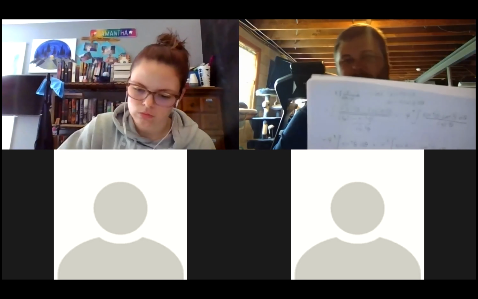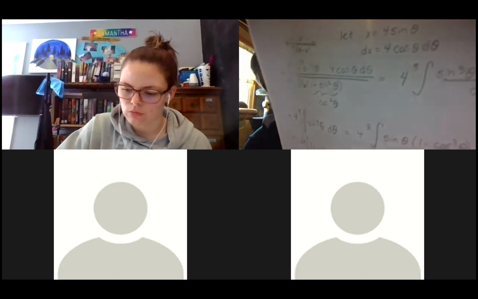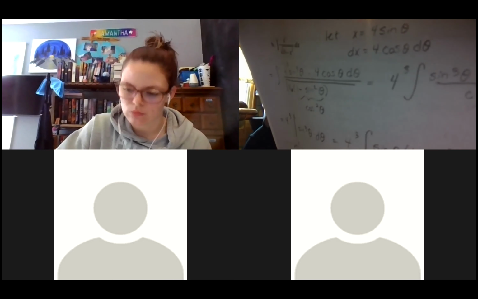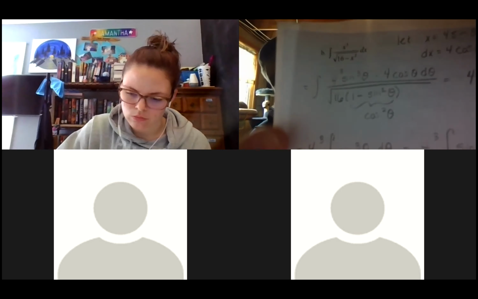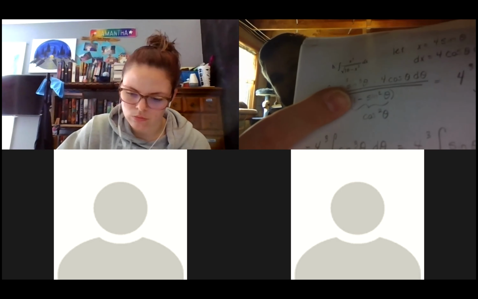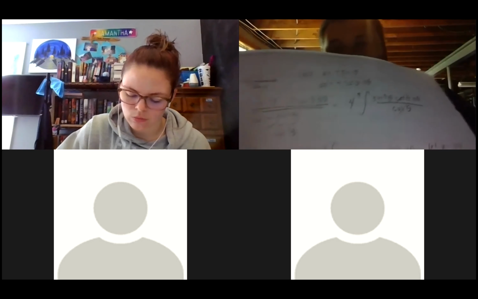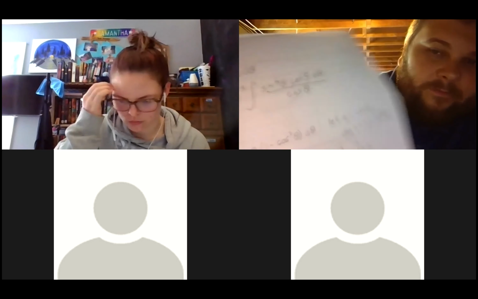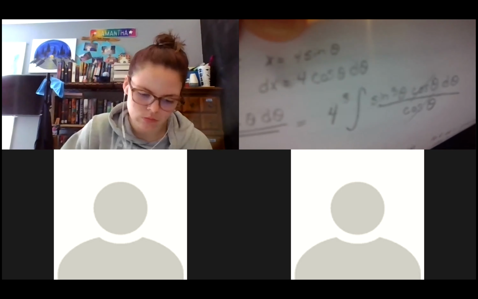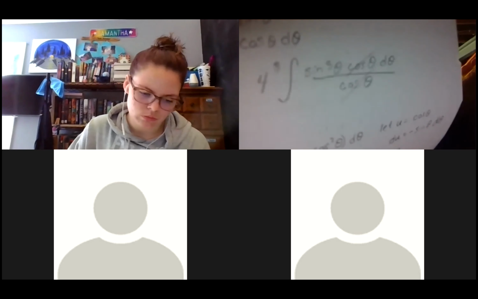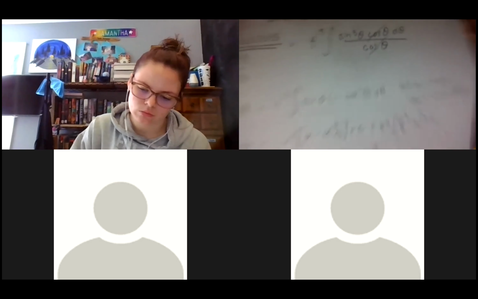So you chose 4 sine theta for x. You wrote your dx? Yep. Substituted everything in, made sure to cube all the appropriate pieces, right? Like 4 cubed, sine cubed. Yep. Cancel out everything, which would just be the cosines.